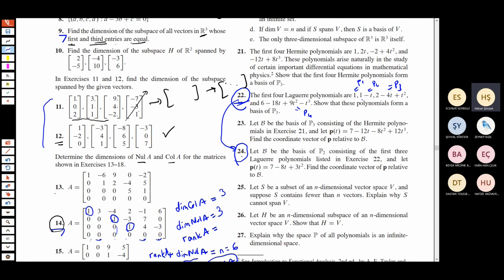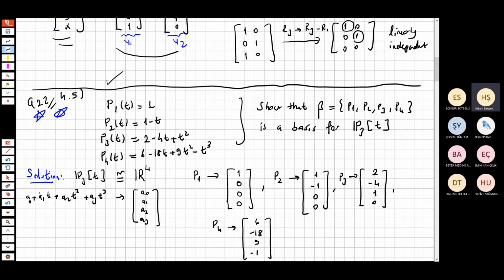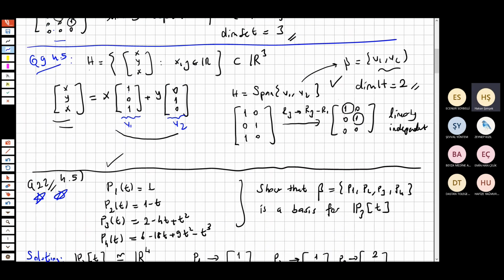So the question 24 says that beta be the basis of P2 consisting of the first 3 Laguerre polynomials listed here. There is a polynomial in here, so find the coordinate vector of P relative to beta. In other words, we use the first 3 vectors P1, P2, P3.